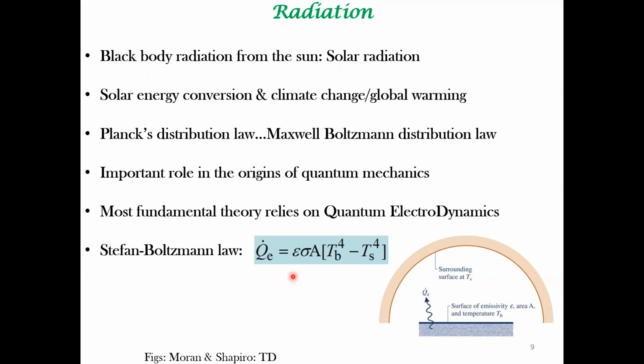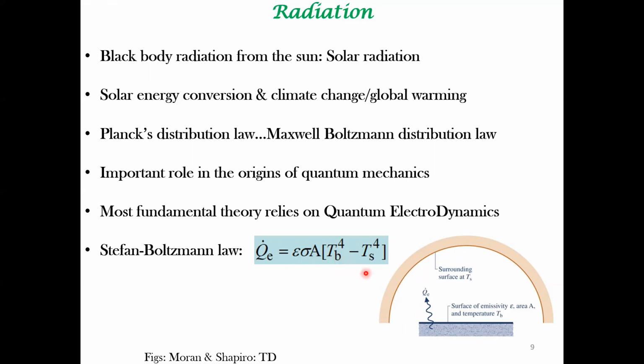So this radiative heat transfer depends upon the temperature to the 4th power. It is very important to notice that. So the importance of radiation increases dramatically as the temperature increases, because this term goes as the 4th power.